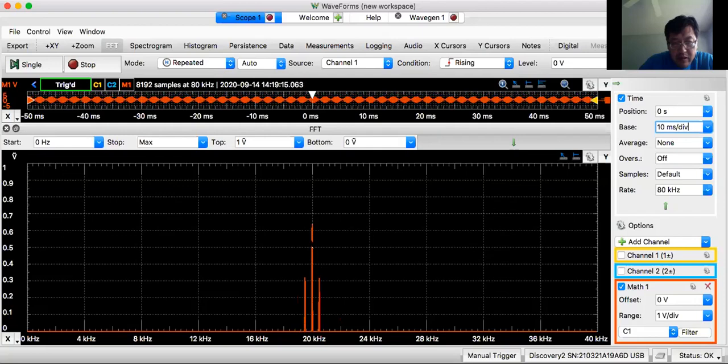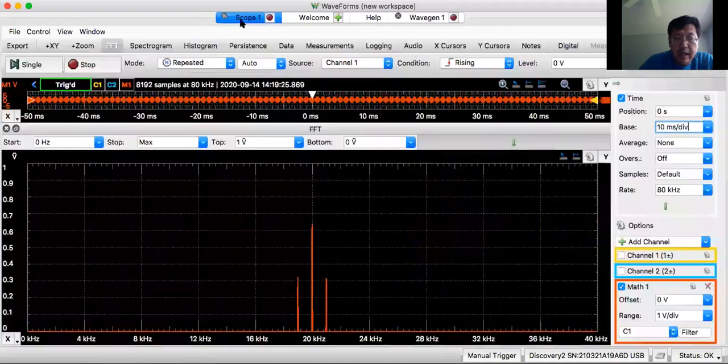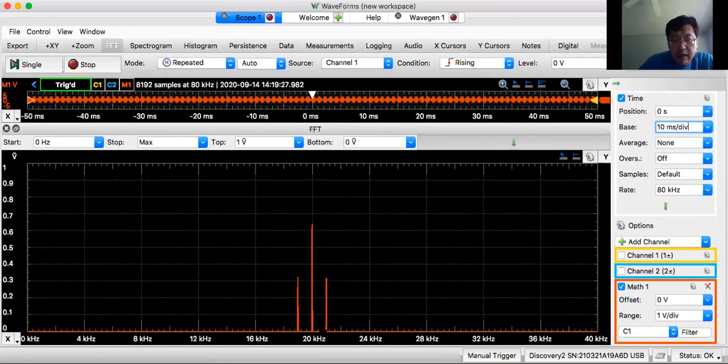The lower side will be 20K subtract 500, which is 18.5K. So let's move the modulating signal back to 1K. So now this is 21K, this is 19K, the upper side and the lower side. So that will be our third topic.